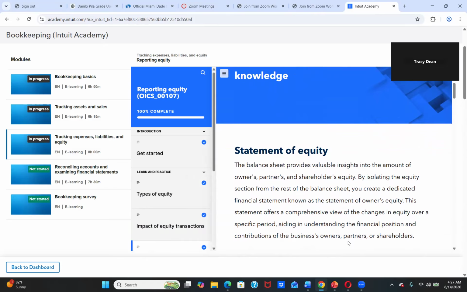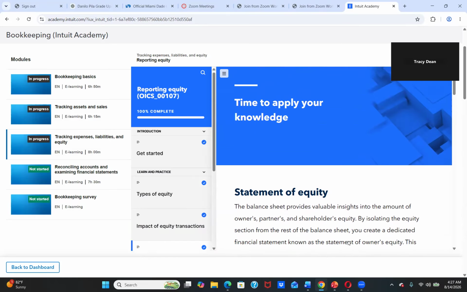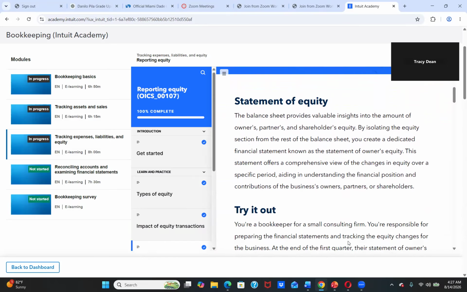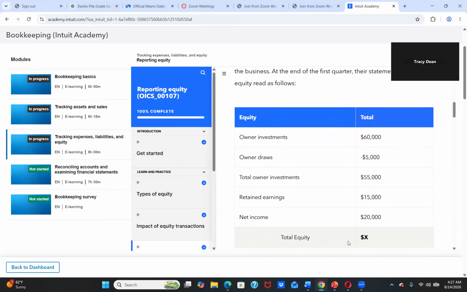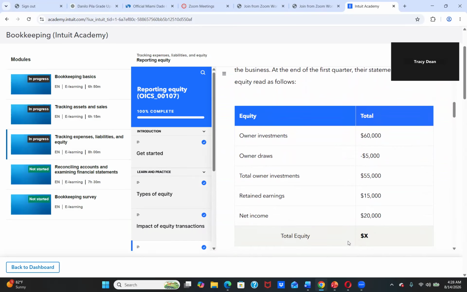So here they're telling us about the statement of equity. And now they give us an owner's investment of $60,000, owner's draw of $5,000, total investment $55,000, retained earnings $15,000, and net income $20,000. So what would be your total equity? Remember the formula that they just showed us.